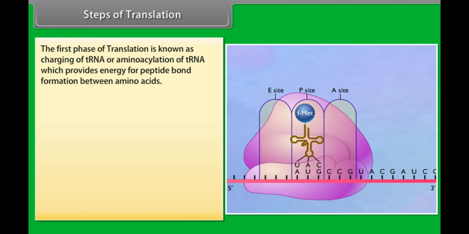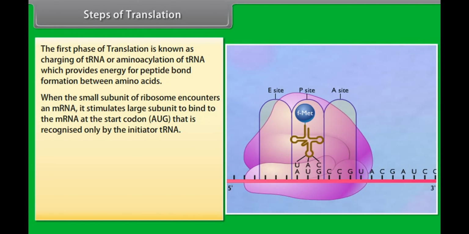Steps of translation. The first phase of translation is known as charging of tRNA, or aminoacylation of tRNA, which provides energy for peptide bond formation between amino acids.